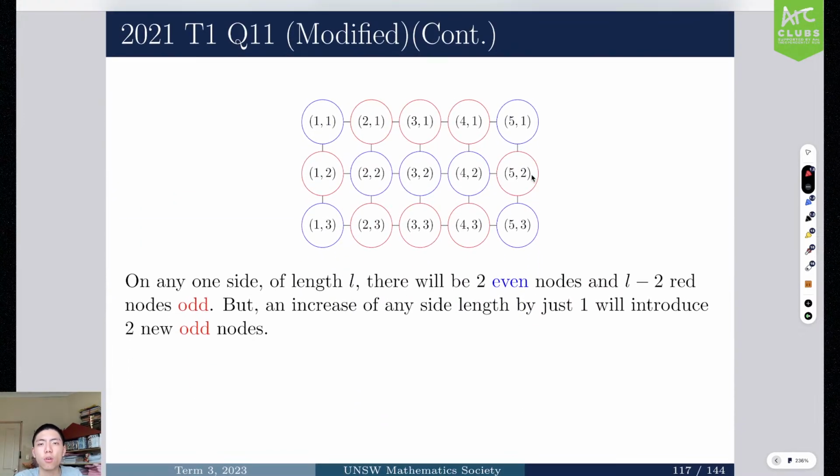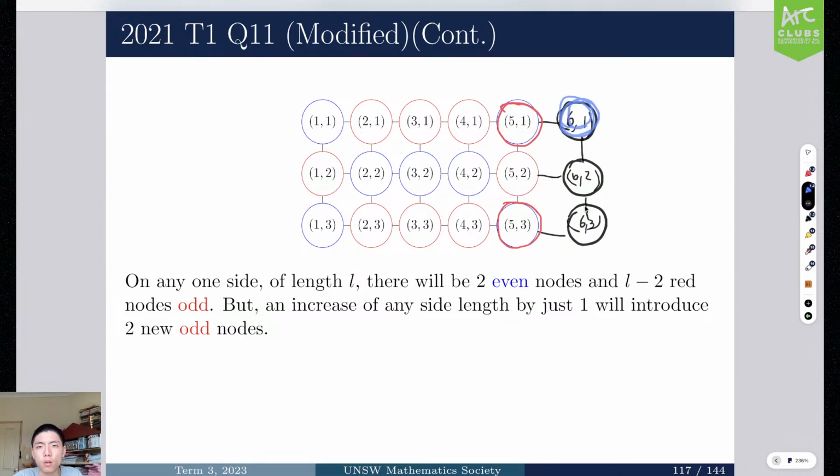If we were to just increase the length, so let's say I extended this further by 1 more out. So this would be 6.1, 6.2, 6.3, and I recolored this, then what ends up happening is that every time I extend it, the number of odd nodes actually increases.